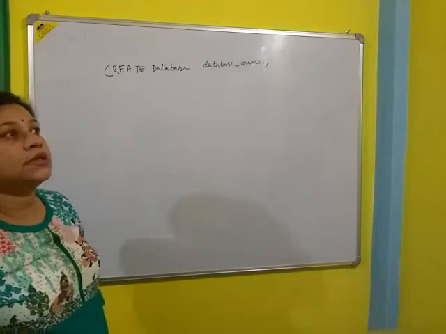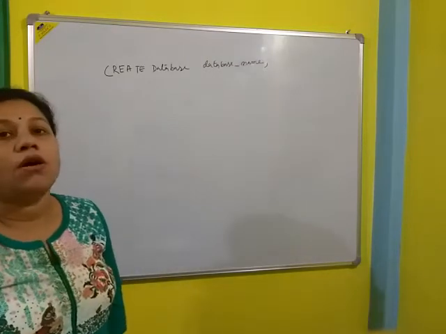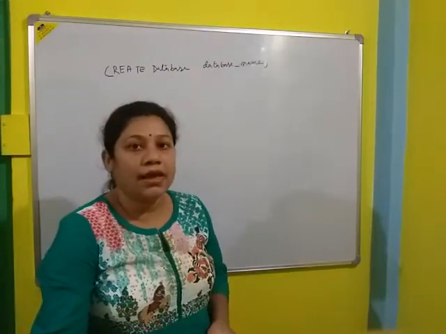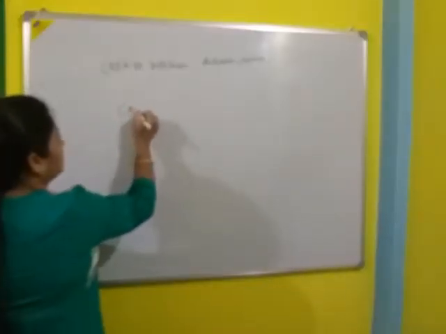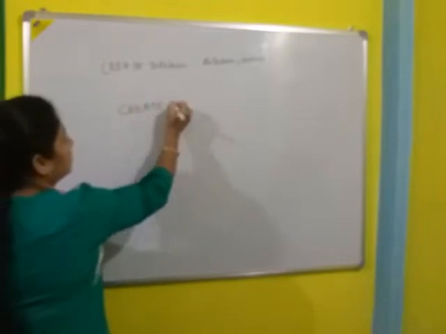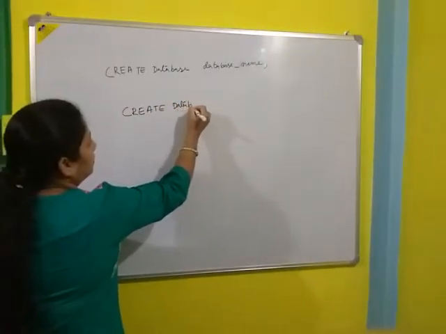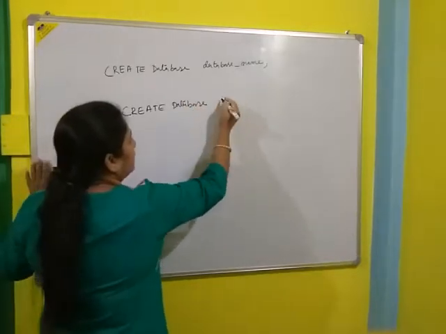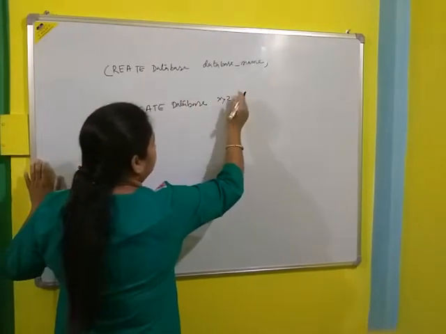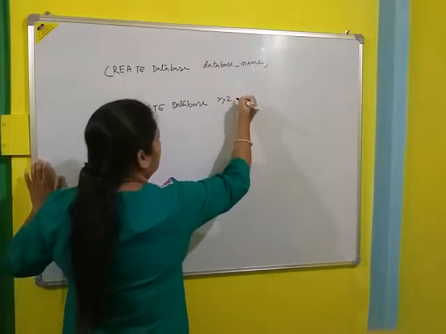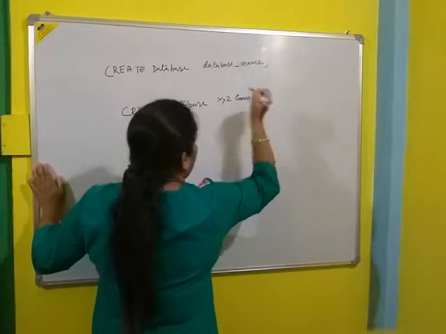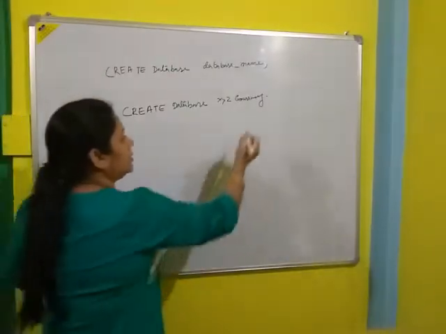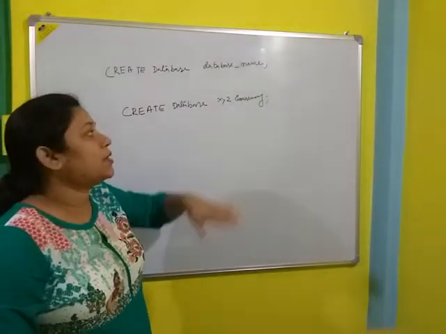Suppose I am going to create a database of a grocery shop. So if I write create database XYZ grocery, then the computer will create a database named XYZ grocery.